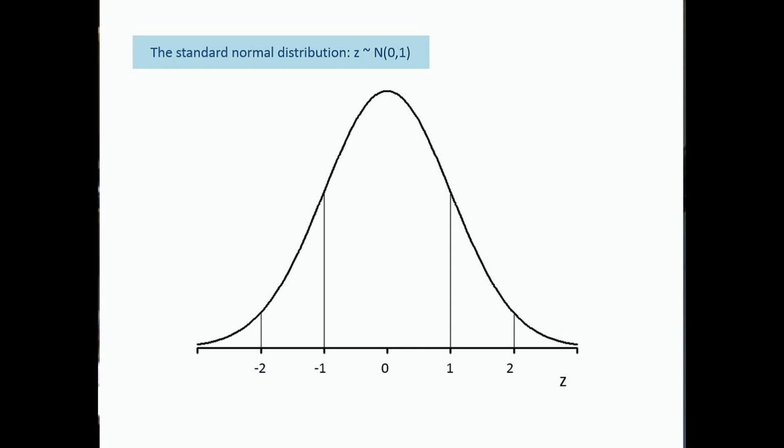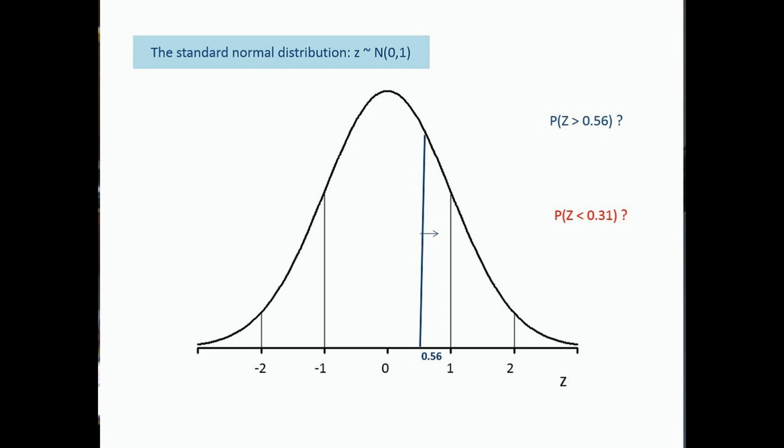There is a table of this distribution in the book written by Kirkwood and Stern, and we can use this table to answer questions like, what is the probability to find a Z value larger than 0.56? So in this case we are interested in the area on the right hand side of the Z value 0.56.